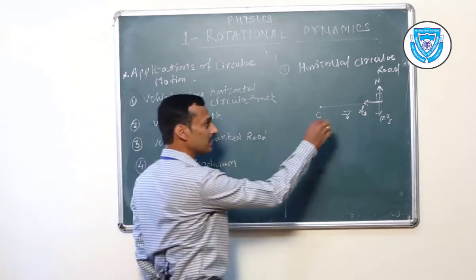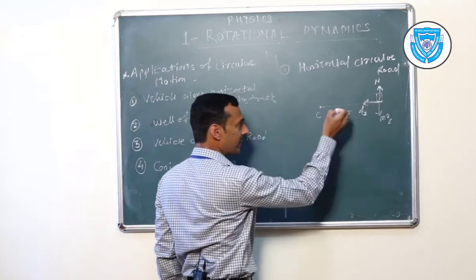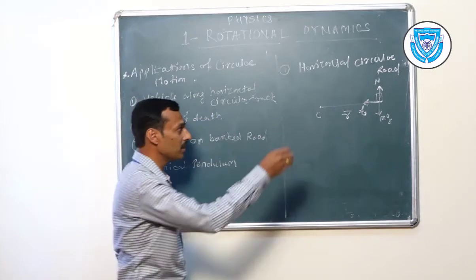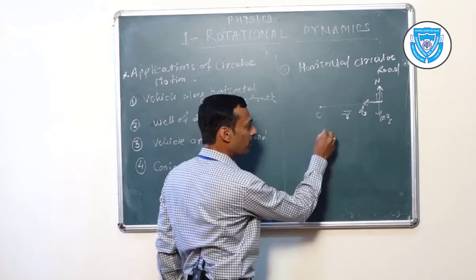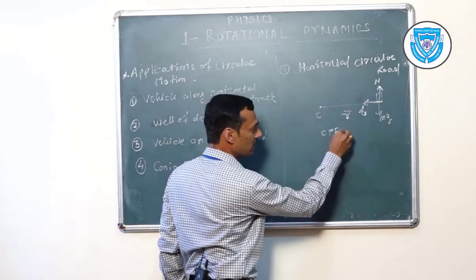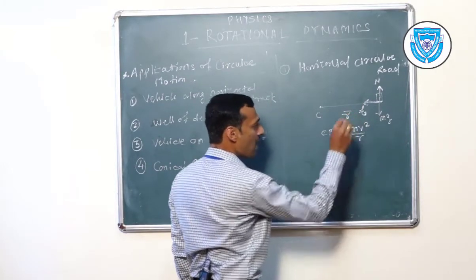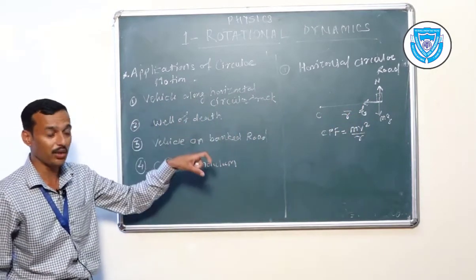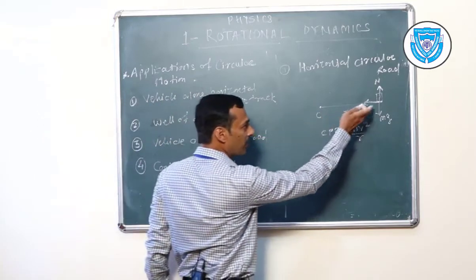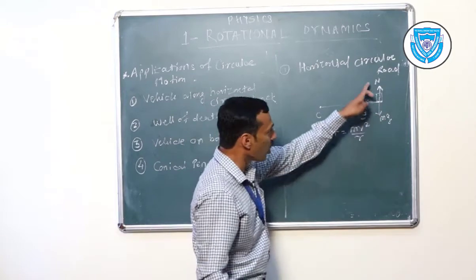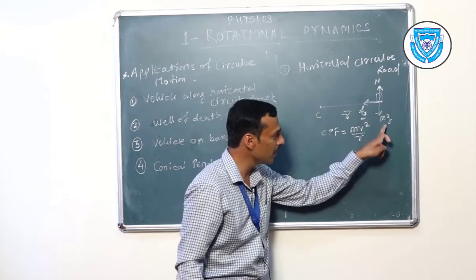And this Fs, we already studied, the force towards the center of the circle is nothing but the centripetal force. So centripetal force is mv square by r. We are going to take only magnitude here. Centripetal force is balanced by this static friction. Normal reaction is balanced by weight.